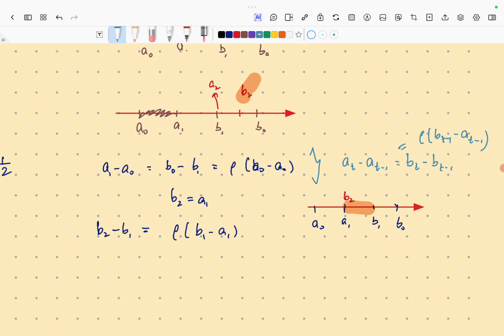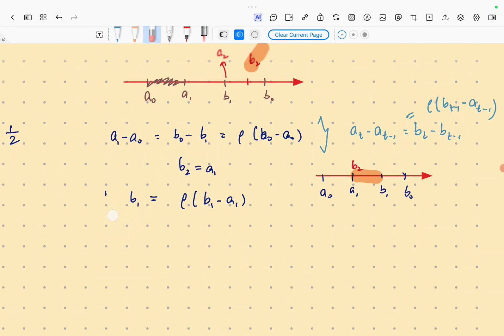Sorry, which one? Because B2 is less than B1, this should be B1 minus B2, which should be equal to rho times B1 minus A1.